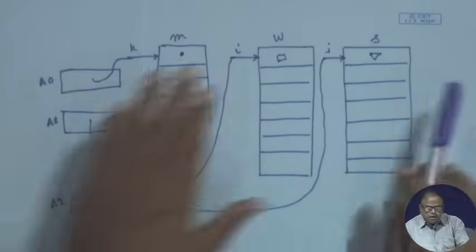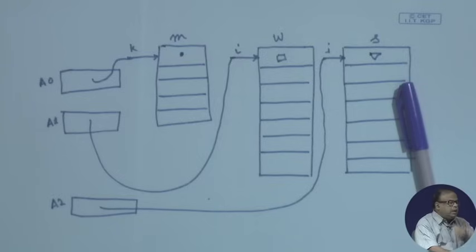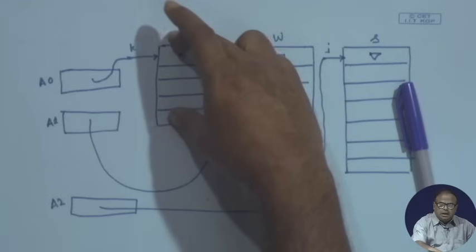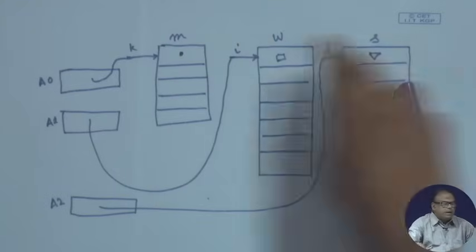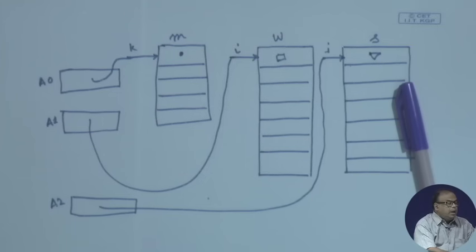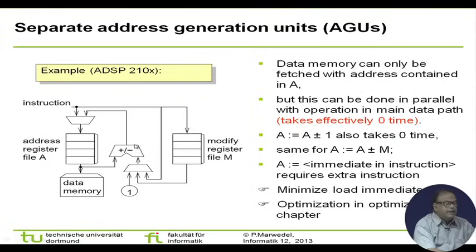How is that done? Now it will be clear. I have these A0, A1 registers here. They are pointing to the data memory, wherever these arrays are. And I have an adder with a multiplexer. I already have a 1 fed in.